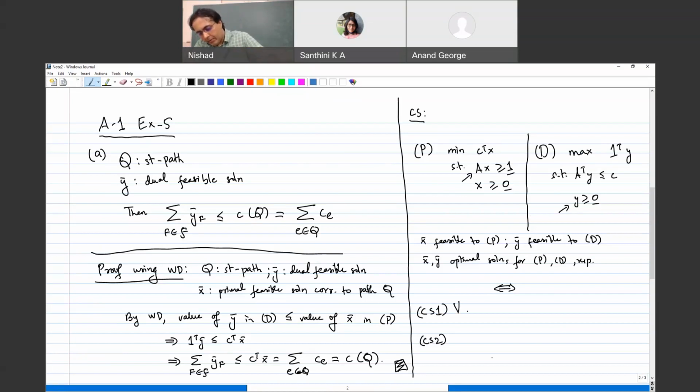Right, so for the primal constraint, there is one constraint per ST cut. So I'm going to write for each F in script F, either something happens or something else happens.